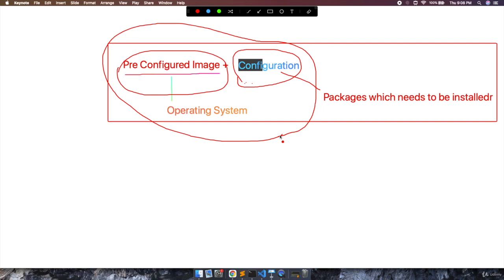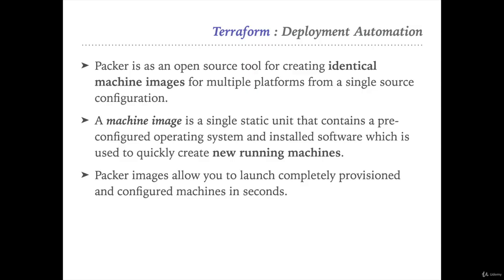You just need to use that Packer image which you created on the machine, and the machine will be ready as soon as the boot completes. So this is the benefit of the Packer image: it allows you to launch completely provisioned and configured machines in seconds.